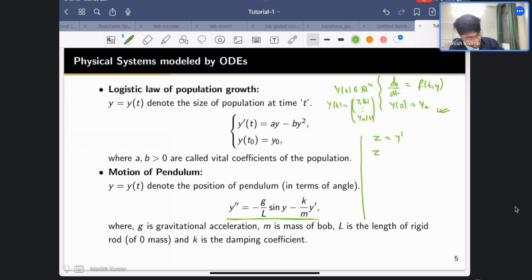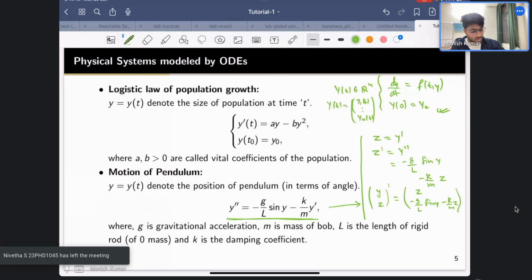Then z prime is y double prime, which from the equation gives you minus g by l sine of y minus k by m y prime, which is z. So you can write this as a tuple: (y, z) prime is equal to (z, minus g by l sine y minus k by m z). So you can write this second order differential equation as a system of first order differential equations.